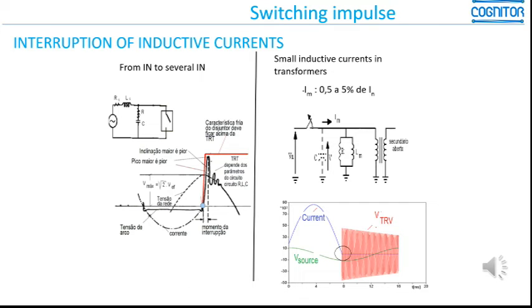Here we show the switching impulses now, and the most famous case is the interruption of inductive currents.